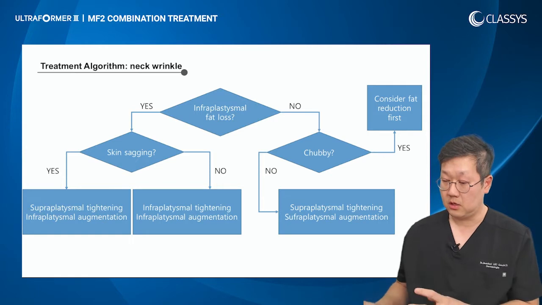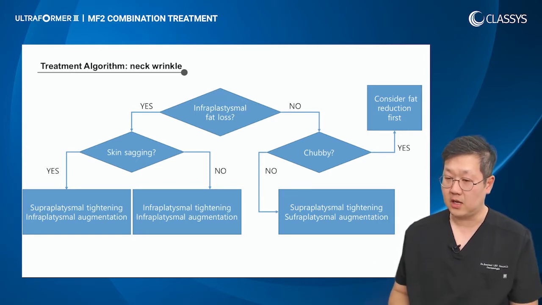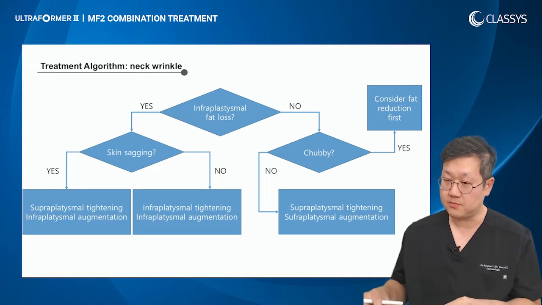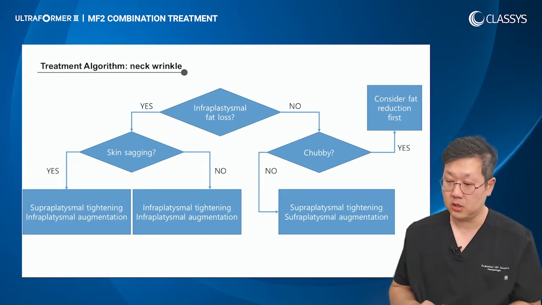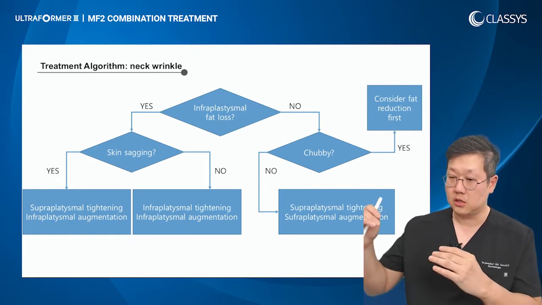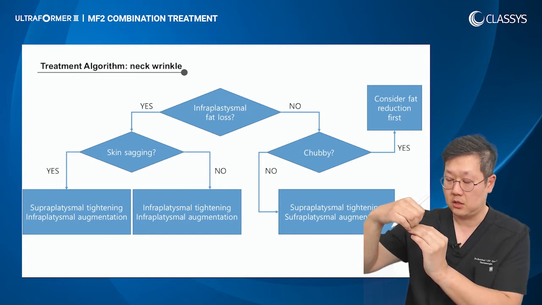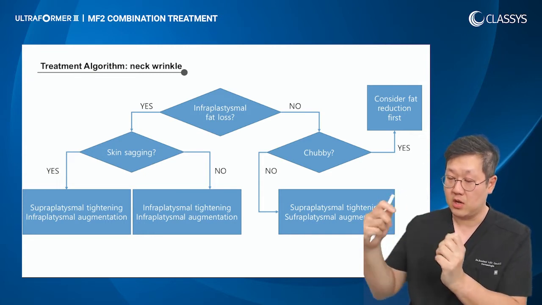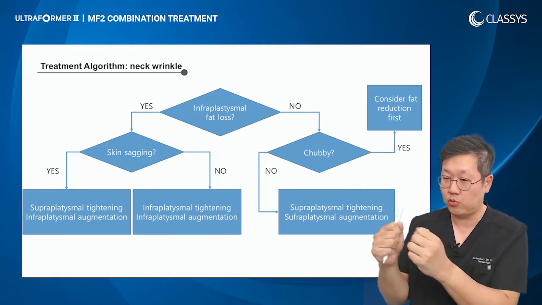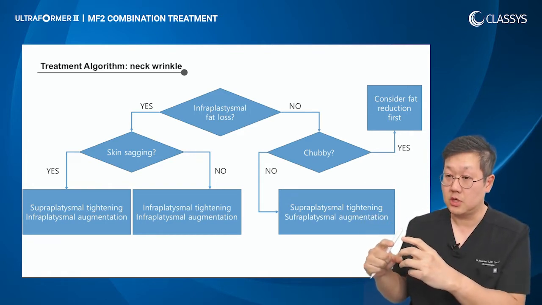But if the patient is just slim and has less fatty tissue in the skin, supraplatismal tightening is also important, because in these cases the skin is usually folded, and if the skin is folded like this, the epidermis gets thinner and thinner. It is just like folding paper over and over; the structure is different.